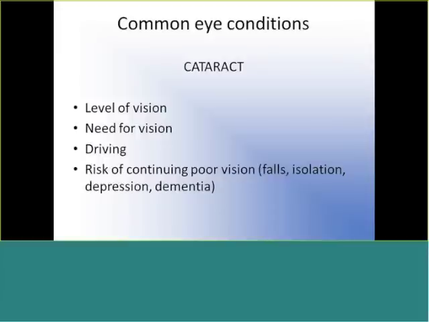feel safe for driving. And as the vision goes down, you have an increased incidence of falls, and in our elderly population, fractures of the femur happen because they can't see. They then fall, and then they're in bed as a result of this.